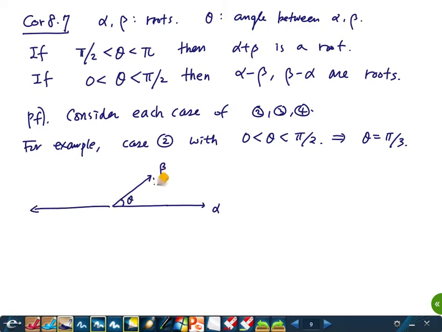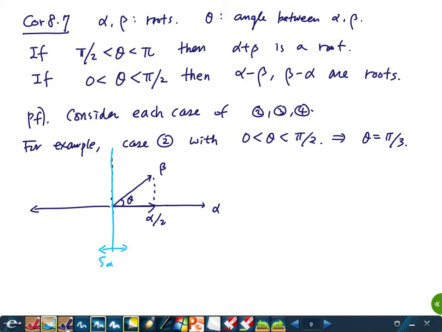So this is going to be alpha over 2, right? Okay. So what I'm going to do is this. This is the hyperplane orthogonal to alpha. So S alpha will reflect along this hyperplane.